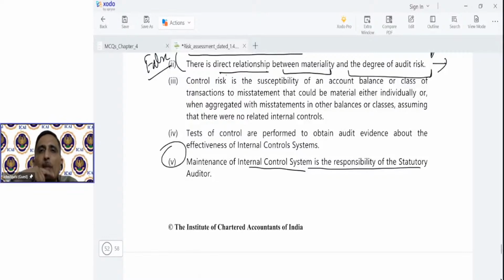So simple, guys, come on. No mails. It is also false. It is the responsibility of management.